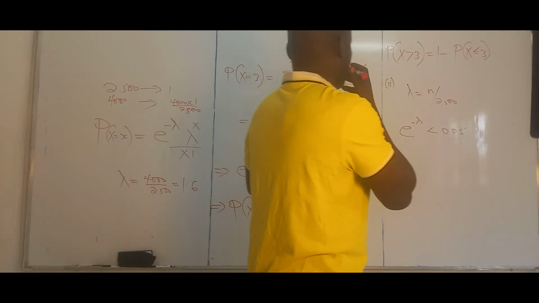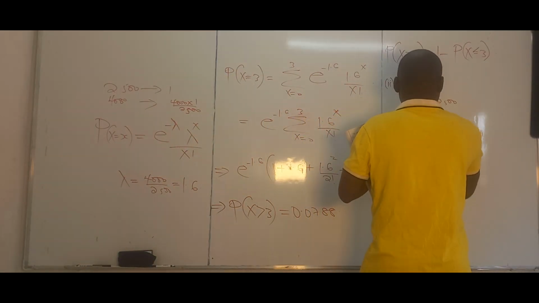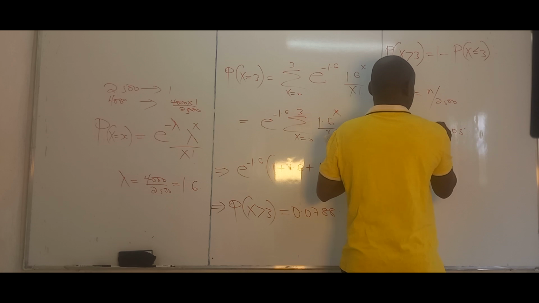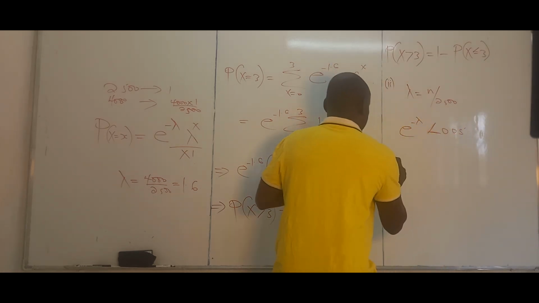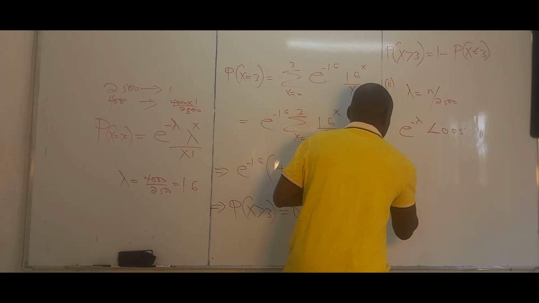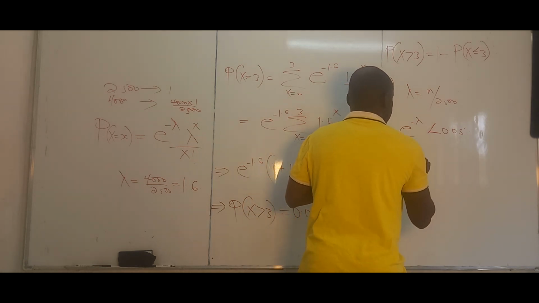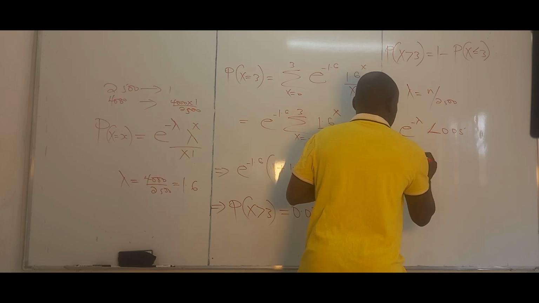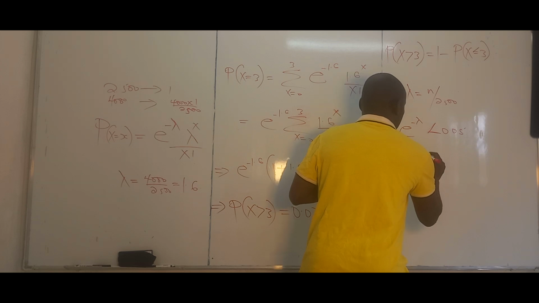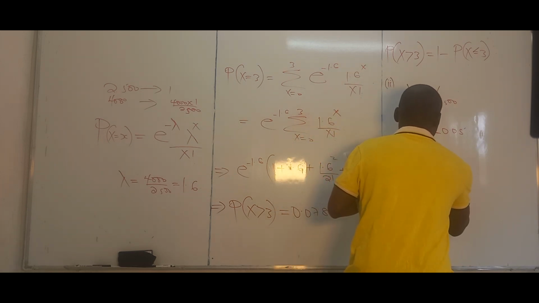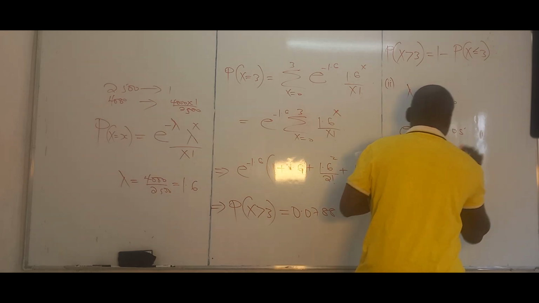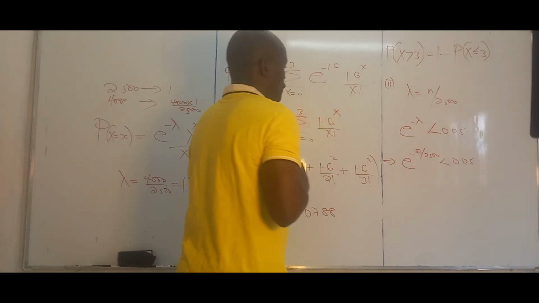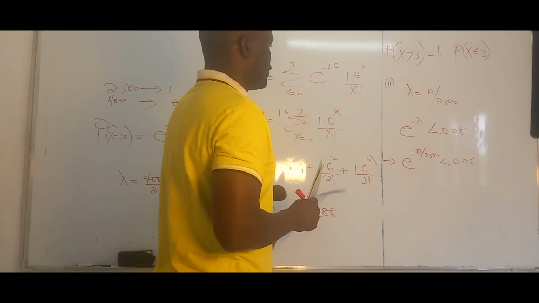So what we then do, since we know what lambda is, is come here and say that e raised to power negative n over 2,500 is less than 0.05. And so we introduce the natural logarithm.